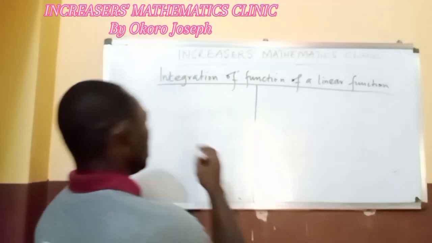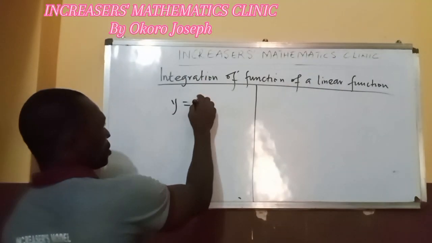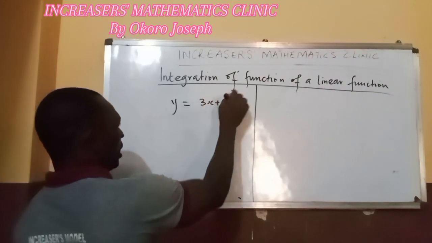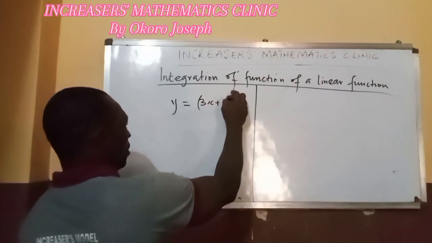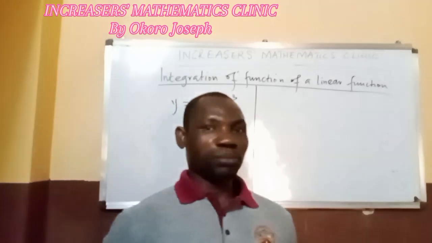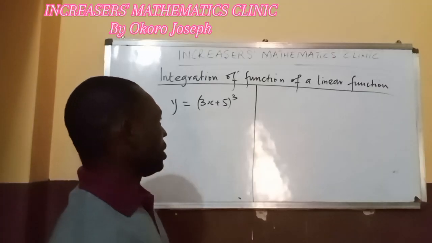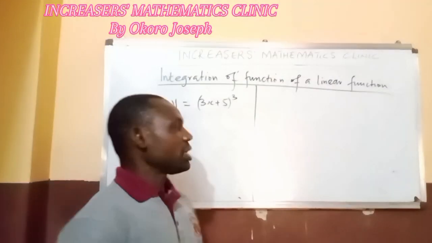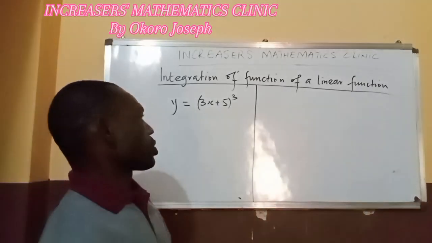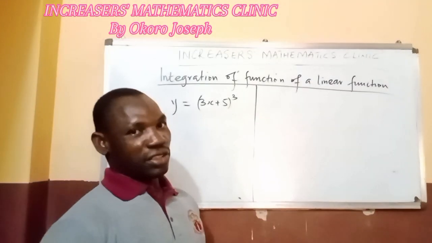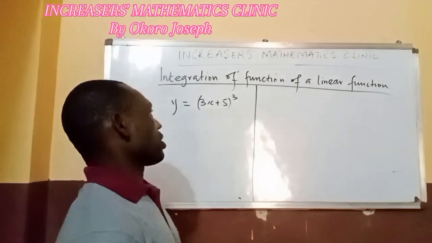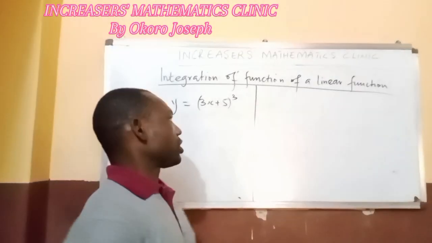For example, I have a function y equals (3x plus 5) raised to the power of 3. This is a function of a linear function because 3x plus 5 is encapsulated inside (3x plus 5) all raised to the power of 3. So 3x plus 5 is the linear function.